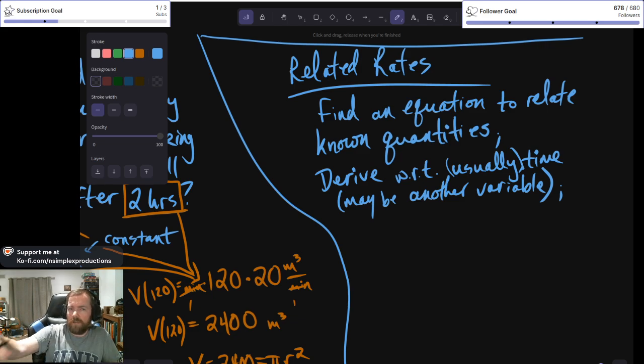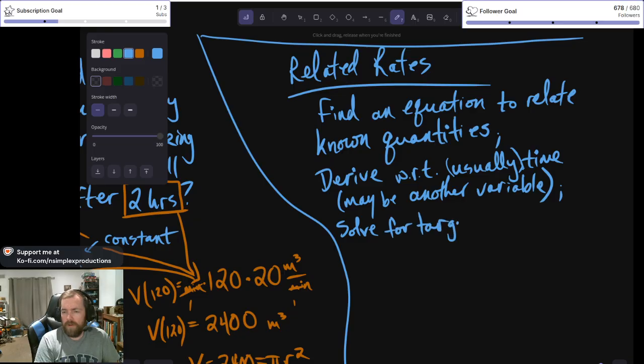So we're talking, again, meters per second, cubic meters per minute. There was just all that stuff we were doing over there. Just whatever it is that you're looking for. Solve for the target rate and then plug stuff in.